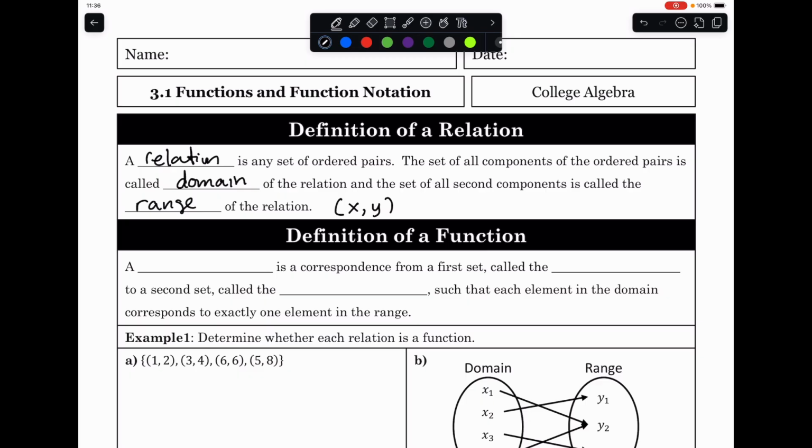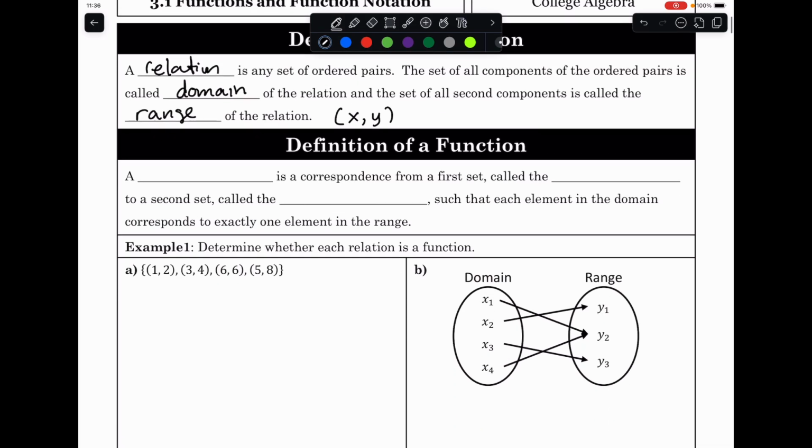Now, there are specific relations that can be classified as a function. A function is a relation in which there's a correspondence from the first set, again, the domain, to the second set, the range, such that each element in the domain corresponds to exactly one element in the range.